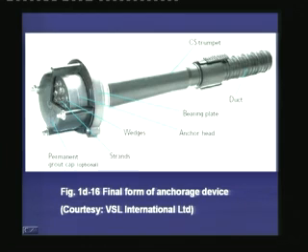There are several wedges, each wedge is holding a strand, and once the tensioning operation is done, once the wedges are sitting properly in the anchorage block, then there can be a capping of the anchorage block which can be done by a cement mortar grout, and this capping is helpful to resist any corrosion in this anchorage block.